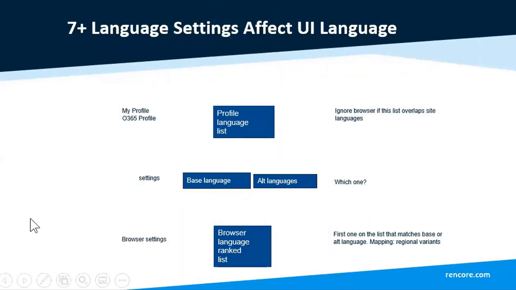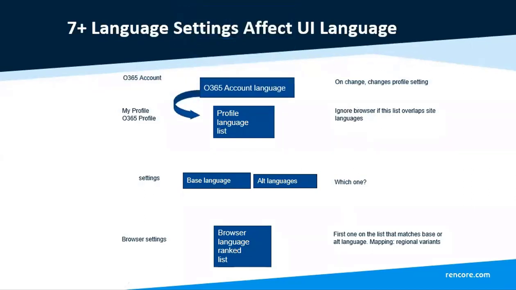Because there is also your profile setting. So in SharePoint Online, you will have a user profile that may very well include your language preference. So if you have a language preference in your user profile, it's going to ignore the browser settings. Okay, simple. We're not there yet.